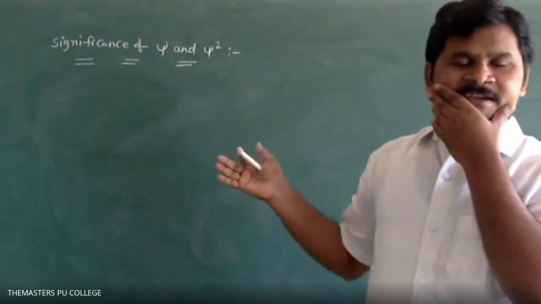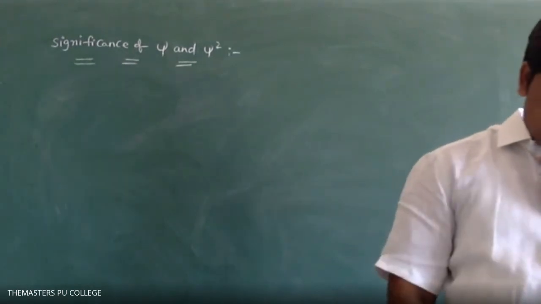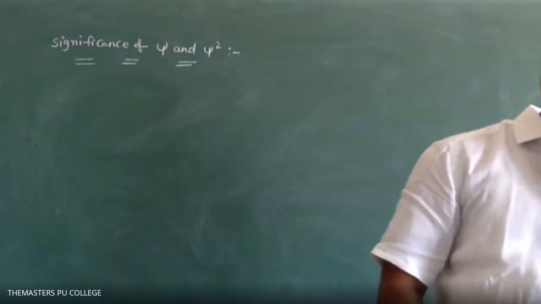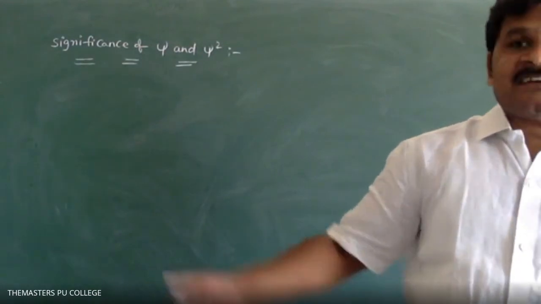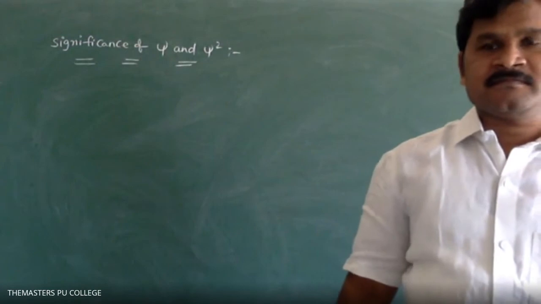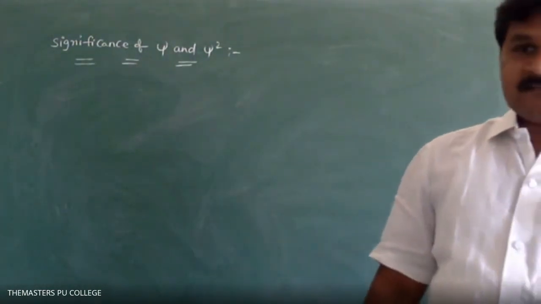We have psi, but from where are we getting psi square? That is a big doubt for you. That psi square we are getting from the derivation of this equation.